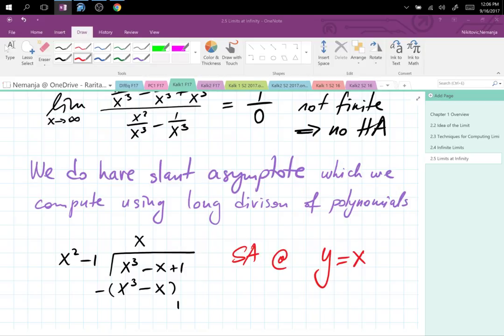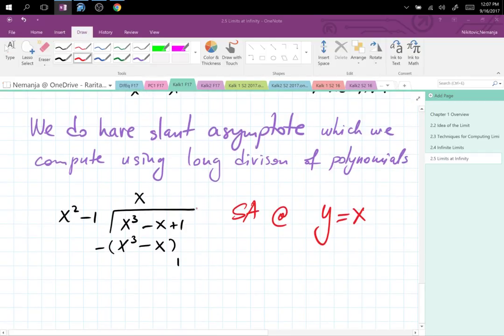So that's the condition: the degree in the numerator has to be 1 larger than the degree in the denominator. The reason is that the difference is 1, which provides you with the slant asymptote, the linear equation. And that's that part.